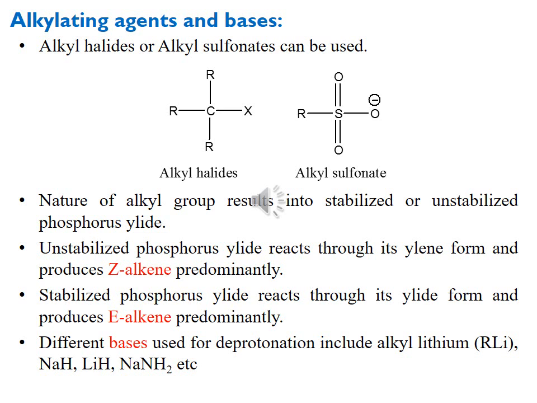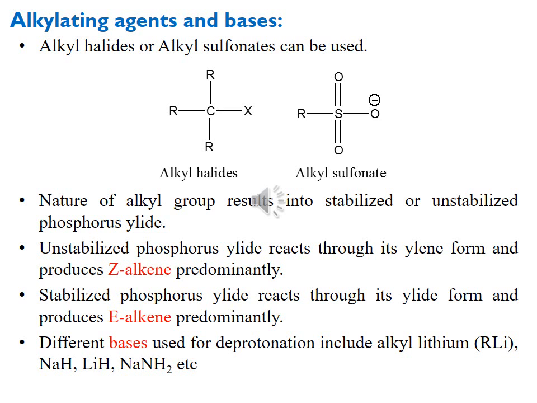In case of unstabilized phosphorus ylides, the reaction occurs through the ylene form, as we have discussed earlier, and this will produce Z alkene predominantly. And in case of stabilized phosphorus ylides, the reaction occurs through the ylide form, and the reaction predominantly forms E alkene.